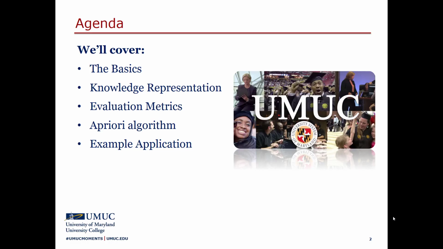In this lecture, we cover some of the basics of Association mining, such as the logic and the principle behind extracting rules. How do we formally represent knowledge in Association mining? And we cover some of the commonly used formal or quantitative metrics to evaluate individual rules extracted from transaction databases and frequent item sets.